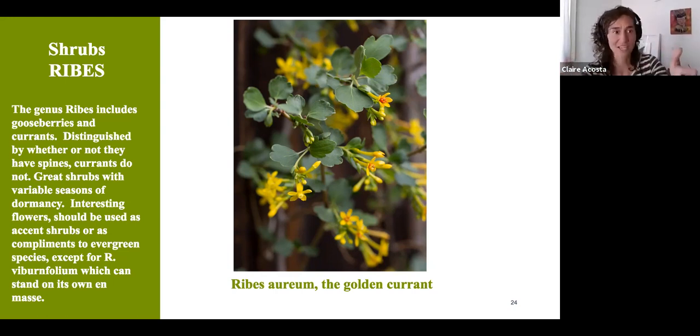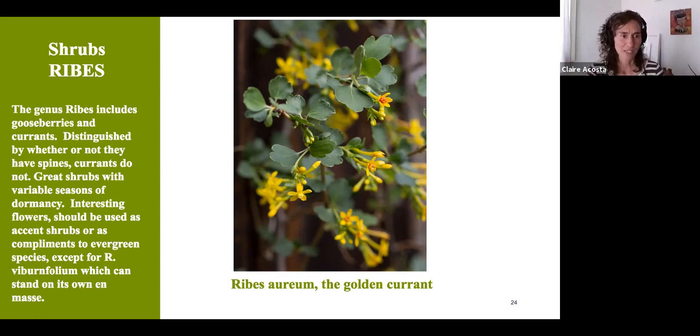These all have fruits, and the birds love them. They are edible if you can get them before the birds do, but normally we can't compete. Tim told me golden currant is a lot easier to keep alive. It can grow as a thicket, and you can even espalier or train it. They have a lot of interesting flowers.